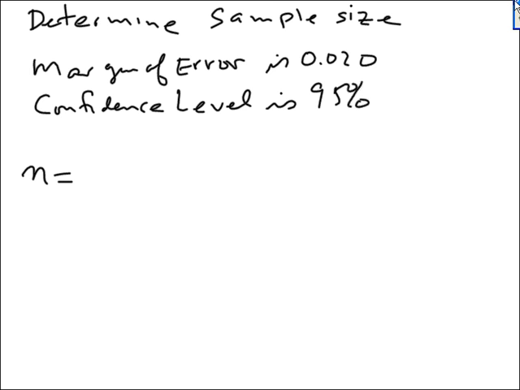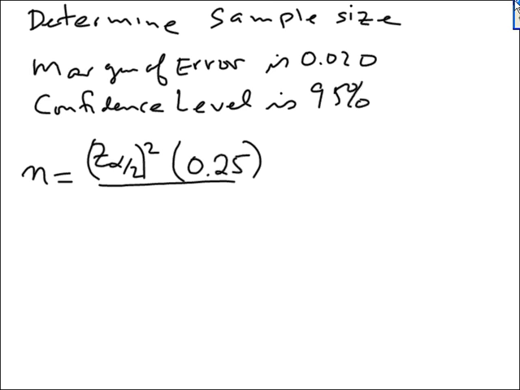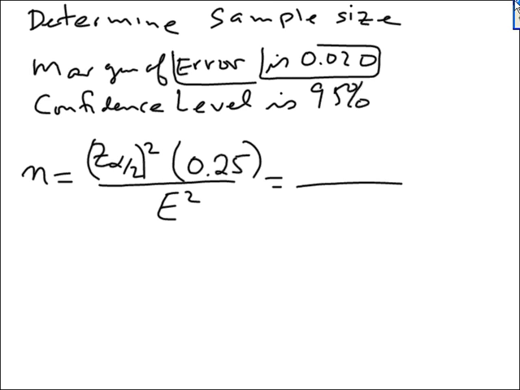So you could approximate n using this formula: z sub alpha over 2 quantity squared times a constant, 0.25, a quarter, divided by E squared. They told us the margin of error is 0.020. Square it, because the formula says to square it.